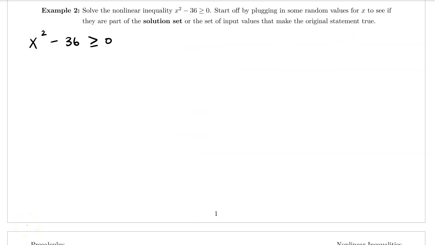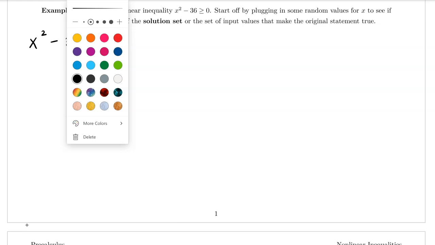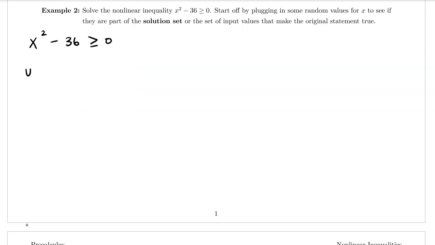In the previous example, when we were looking at the linear inequality, it was helpful for us to look at the graph. Let's do something similar again here. So I have a quadratic y equals x squared minus 36. Now, this is a quadratic function that has a vertex at the ordered pair 0, negative 36.